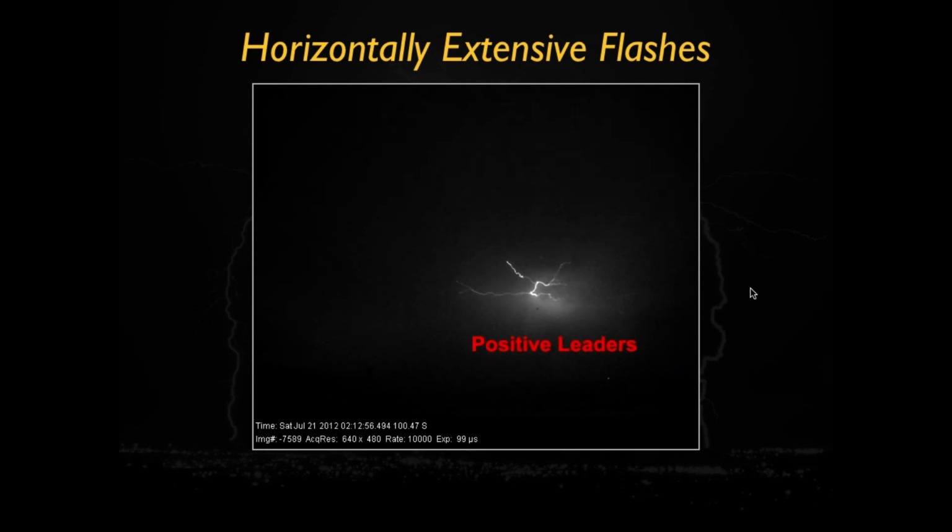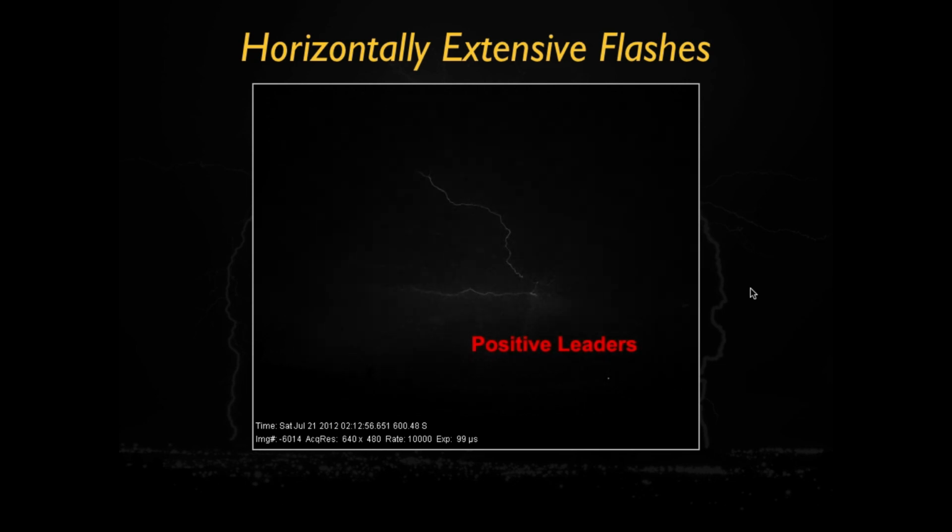And so we see the negative leaders first visually above cloud base, and then these are clearly positive leaders propagating horizontally below cloud base. And you can see that they branch widely initially, and then as they decay start to produce numerous recoil leaders. And this, by the way, is a very wide field of view, probably a total of 50 kilometers at least in the horizontal as far as the field of view goes.